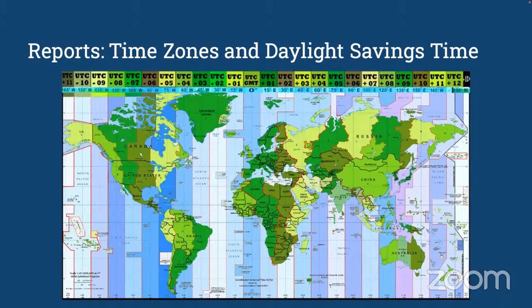The easiest thing is to use UTC for yourself as the investigator, because UTC doesn't change. It is the same year round. So when you're investigating a system and you're writing your timeline, go with UTC.